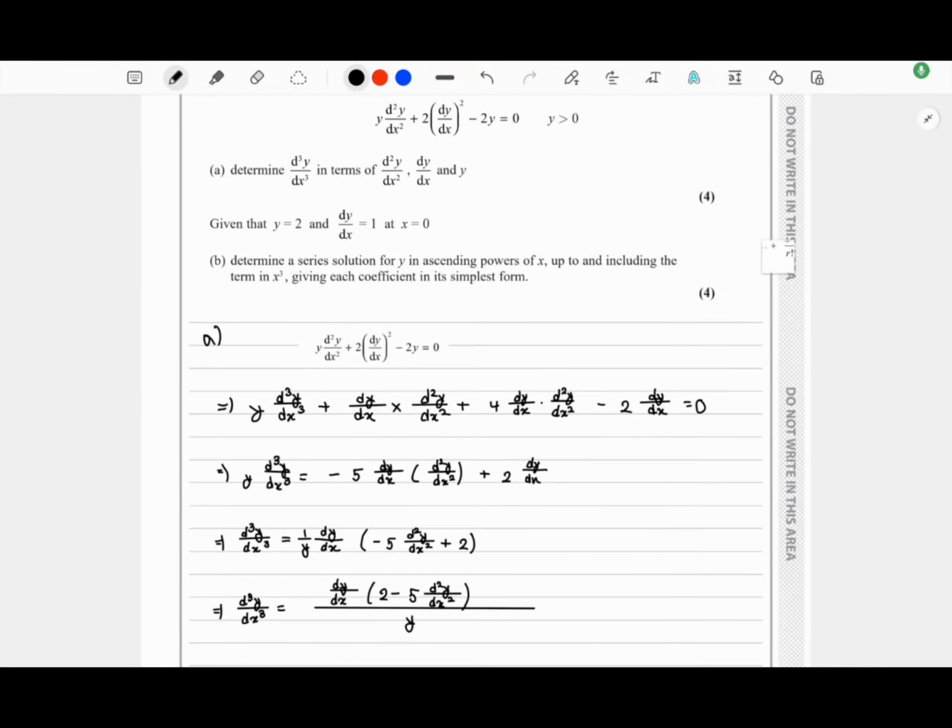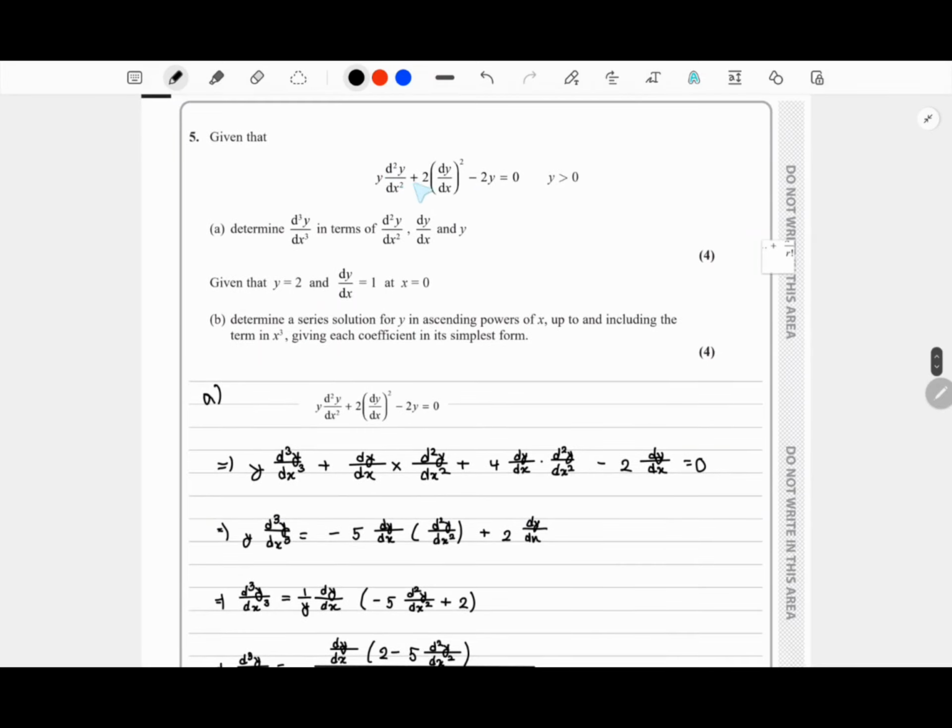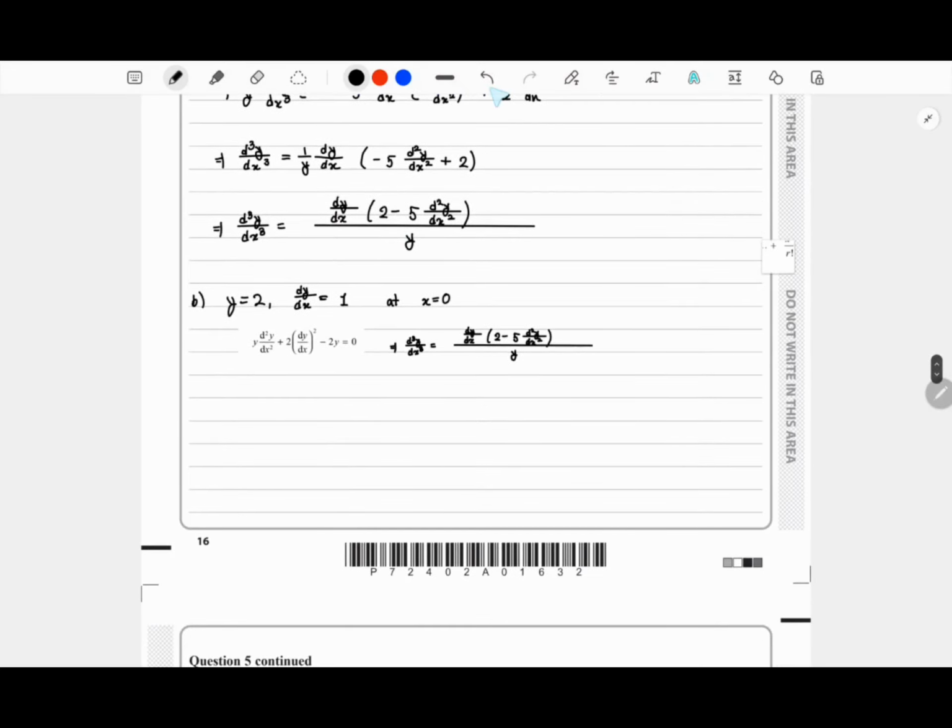We need to apply Maclaurin and Taylor series to find the series solution of y. We are given that at x equals 0, y equals 2, and dy by dx equals 1. At first, we plug in the values in the first equation that we have been given and find d square y by dx square. So let's do that.